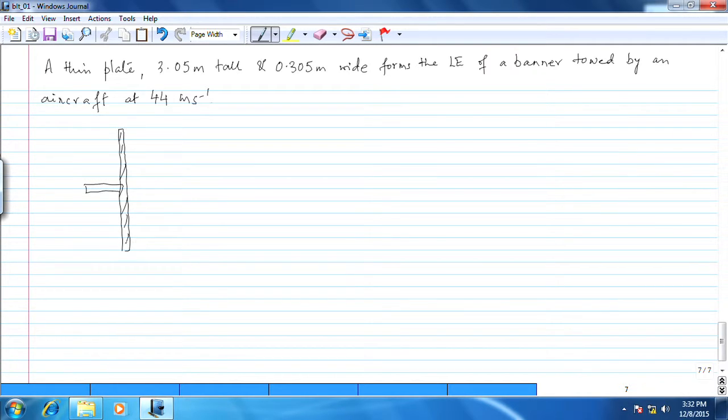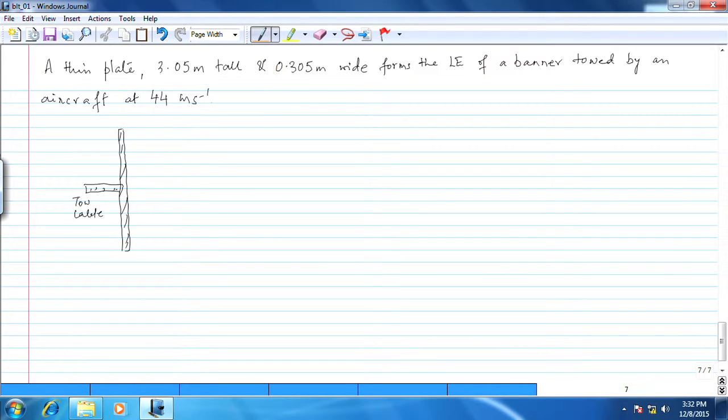Okay, so this is the tow cable actually. This is the tow cable, and this is the thin plate, okay, which is 0.305 meters wide, 3.05 meters tall, and it's got a banner.